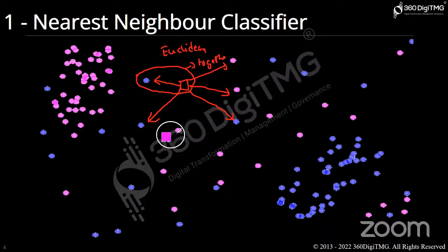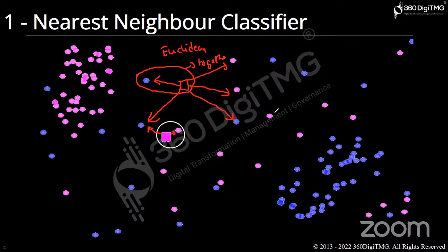So here we have an example. We have this data point and we are trying to find out what is its nearest value. In order to find out its nearest value, we will calculate the distance.